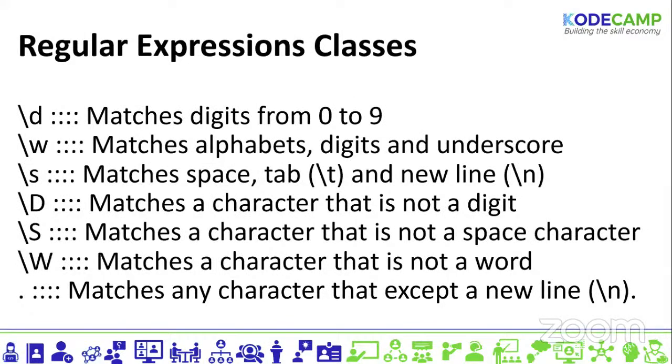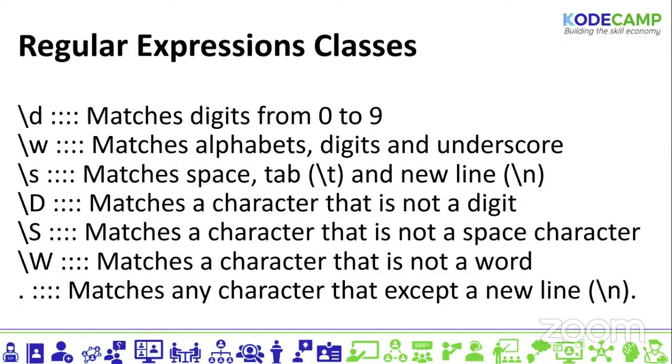We have \d, which matches digits from 0 to 9. We have \w, which matches alphabets, digits and underscore. And we have \s, backslash s, which matches spaces, tabs and new lines.